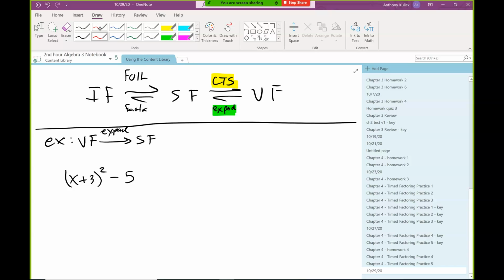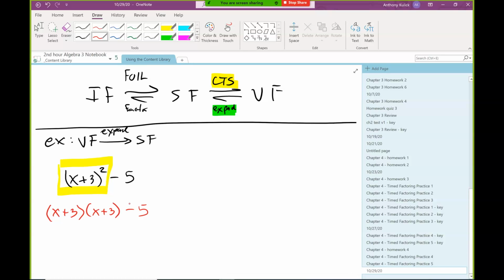If you guys remember, what expand meant is how to deal with the exponent on the parenthesis here. And we said that x plus 3 squared was really the same thing as x plus 3 times x plus 3. So doing that is what we meant by expanding.